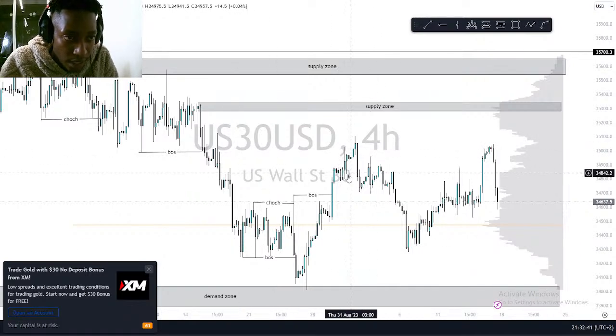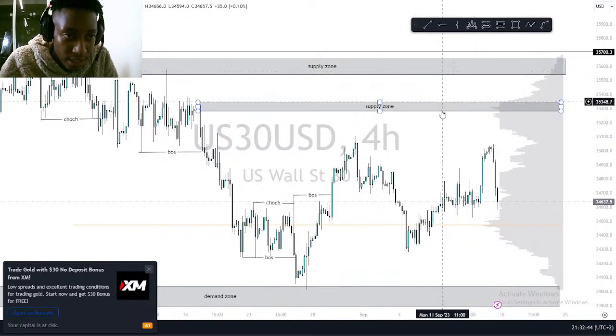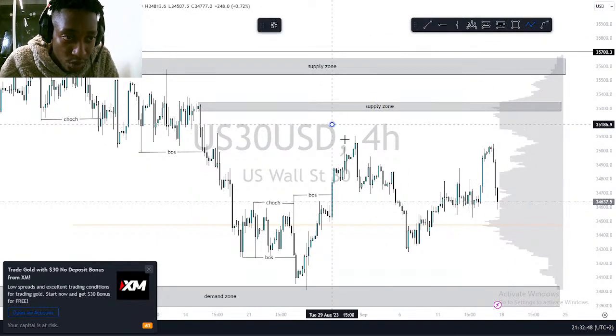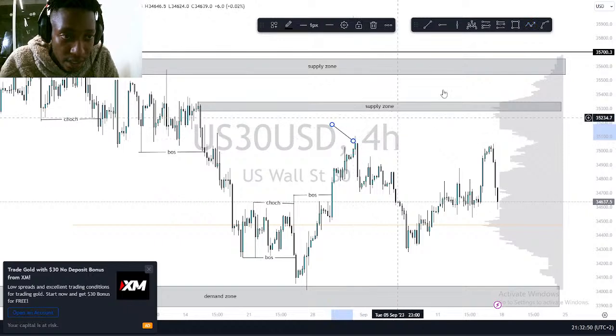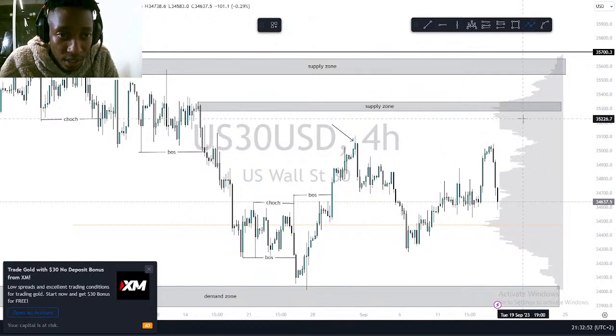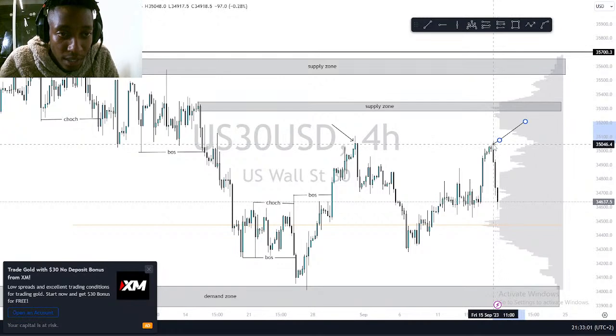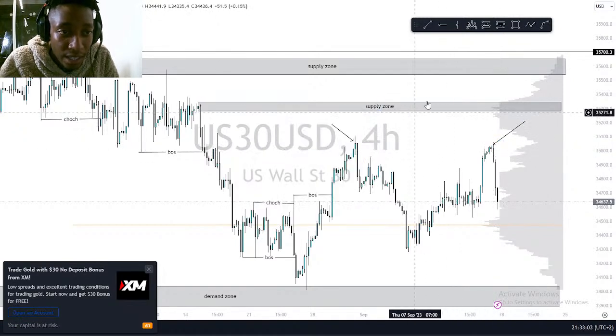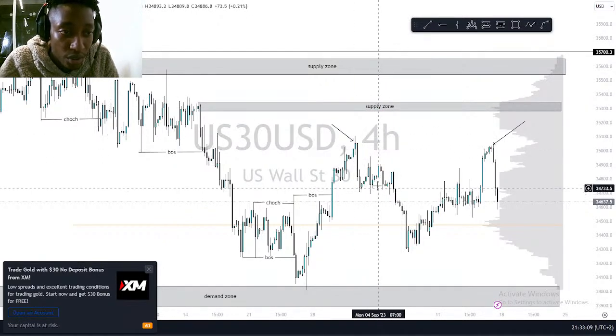Then we can see that from there the market created inducement here and also here. So this is inducement, you understand? The market was trying to push to the upside to mitigate that untested supply zone, this one, and it failed, so it continued pushing to the downside.